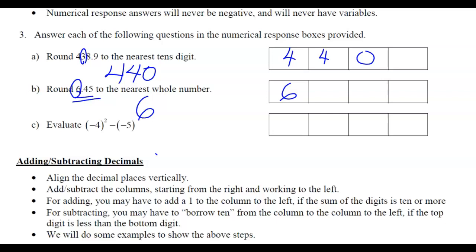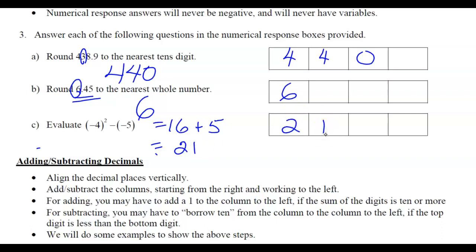Okay, so next one is an integer question. So we talked about that yesterday. -4 in brackets squared is positive 16. And then subtracting a -5 is like adding. So that's 21.